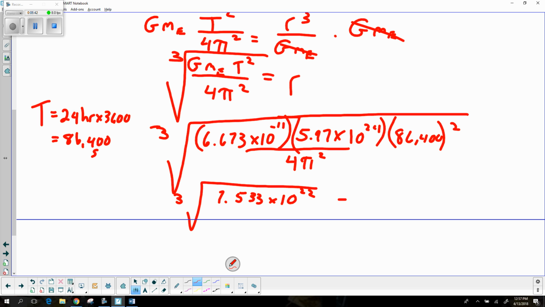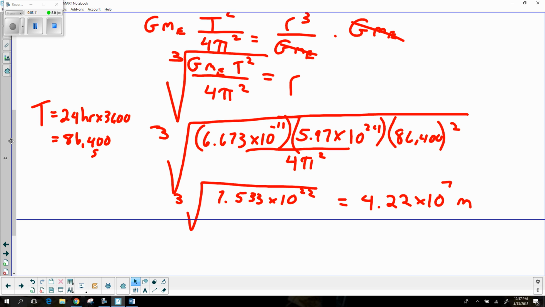And I get 4.22 times 10 to the 7th meters. 6.673 times 10 to the negative 11. Parentheses in, again parentheses. 5.97 times 10 to the 24th in parentheses.